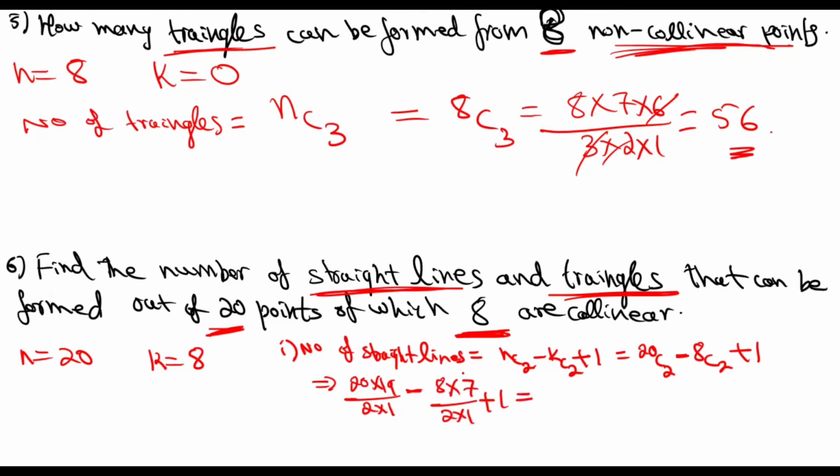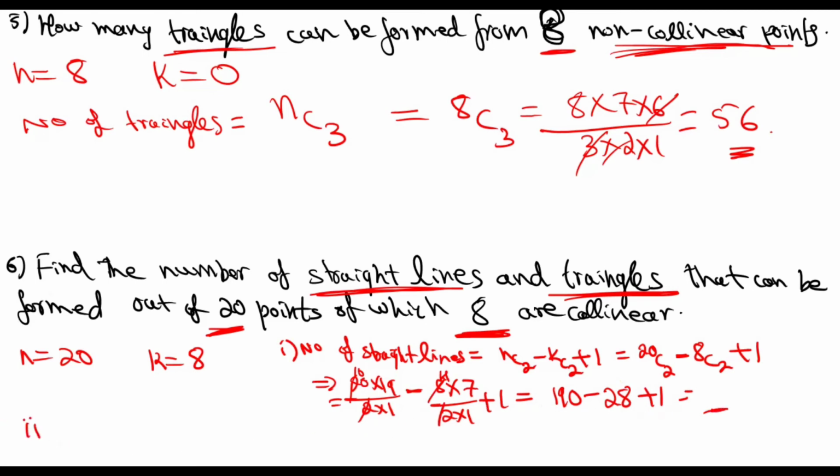This equals, calculate this one, 2 ones are 2, 2 tens are 20 into 19, that's equal to 190, minus 2 ones are 2, 2 fours are 8, 7 fours are 28, plus 1. Okay, simplify this one, you will get the answer.